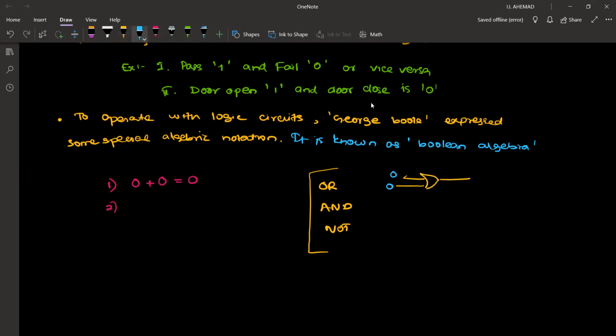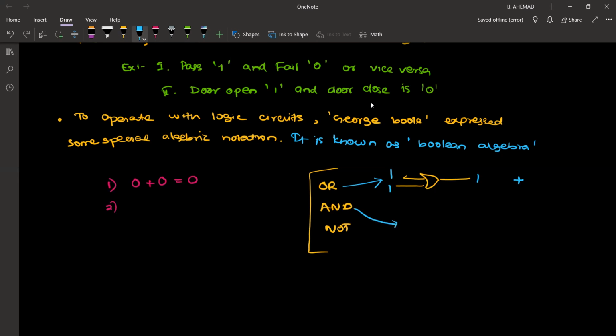If both of them are low, then the output also will be low. If one of them is high, A or B, then the output will be 1. If both of them are high, then also the output will be 1. Okay, that is for the OR gate. And we use the sign plus to show an OR gate.